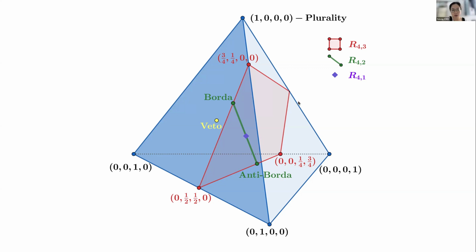I see, so you should restrict to this red region instead of an arbitrary two-dimensional subspace. Yes, it's not any subspace. There are specific subspaces defined by this prior work. We are showing that these nested subspaces are exactly what you can do with these limited queries, and that's exactly it.